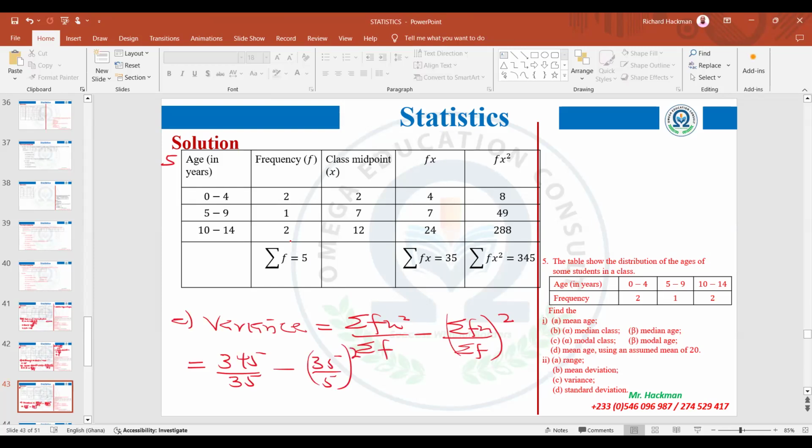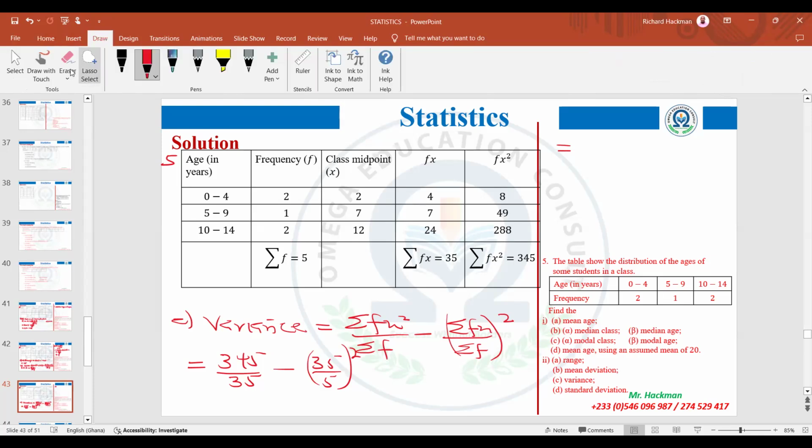Okay, so if you continue, let's simplify this. What do you get? 345 over 35. Please, is it not over 5? Which one? I wrote over 35. Over 5, please. Forgive me. Be careful as well. This is 69.